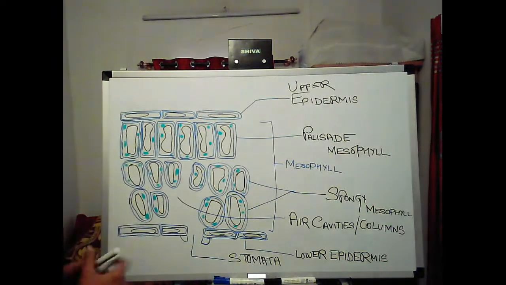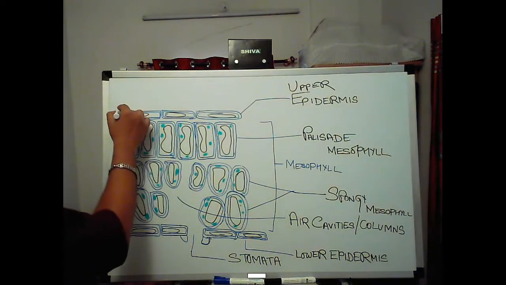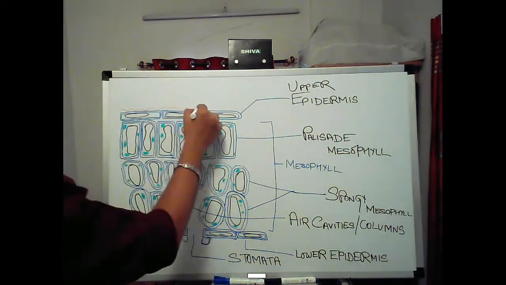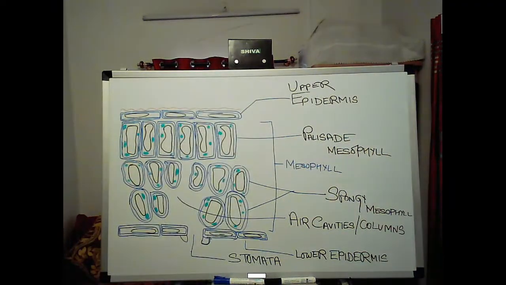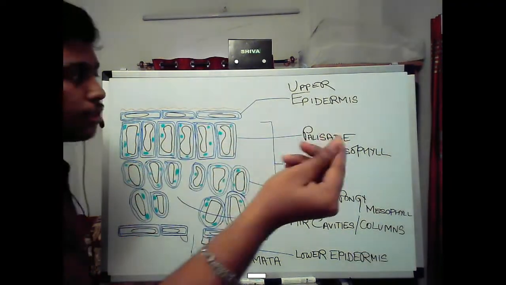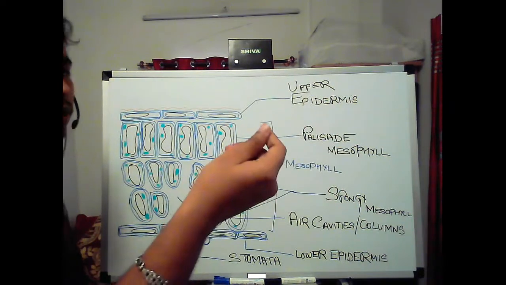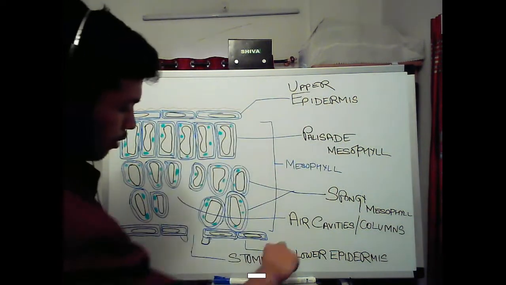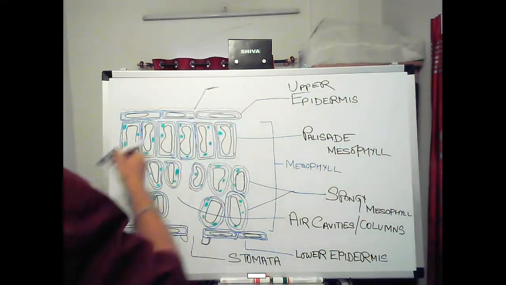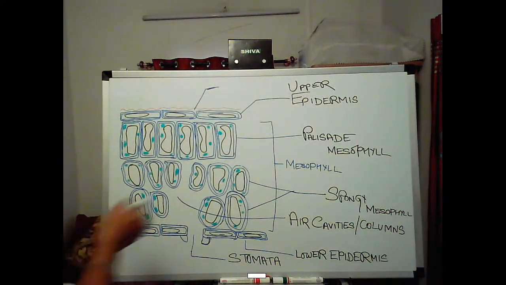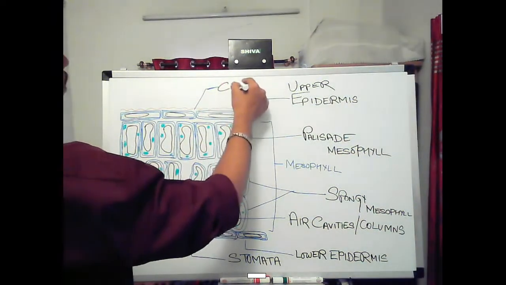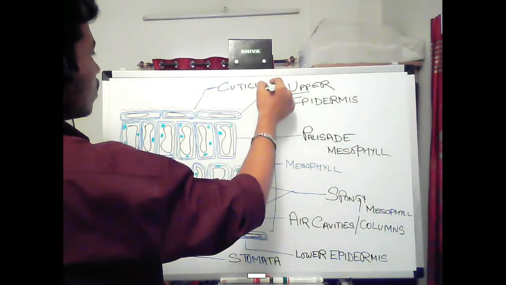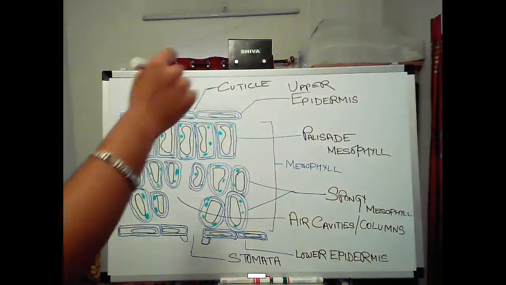One more thing is that there is a waxy layer situated on top of the upper epidermis, because once you touch a leaf you can find it's pretty waxy. The upper part is pretty slimy. That waxy layer is known as the cuticle.